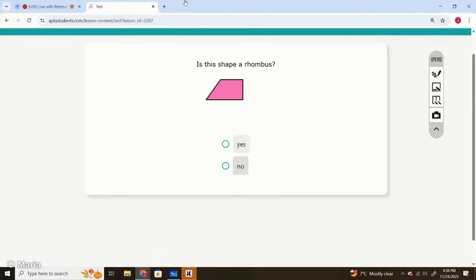The correct option is, I think, no, that is not the rhombus.